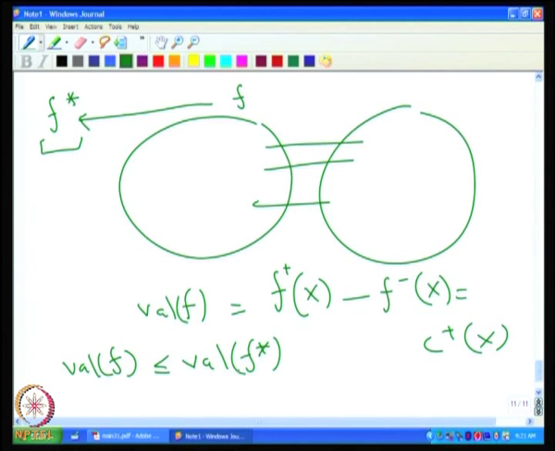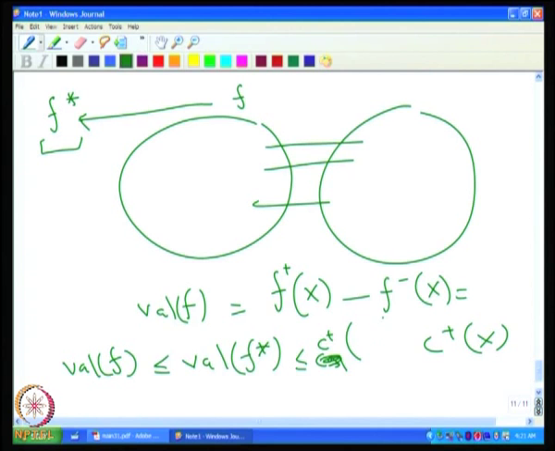And then we can see that this f star, also being a flow, has to satisfy the property that it is less than or equal to the capacity of the cut, C plus of that particular cut.